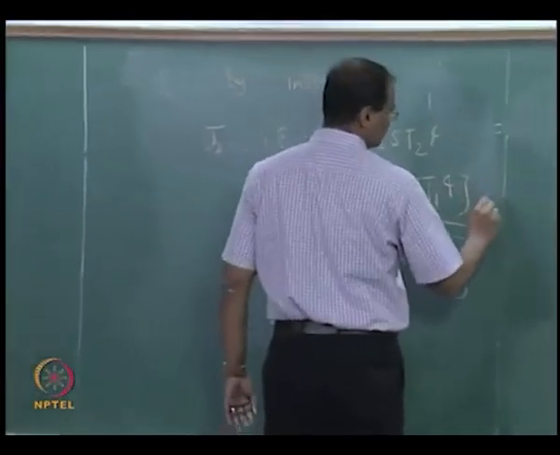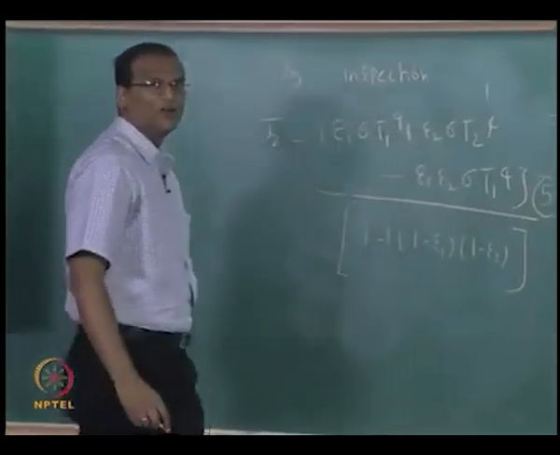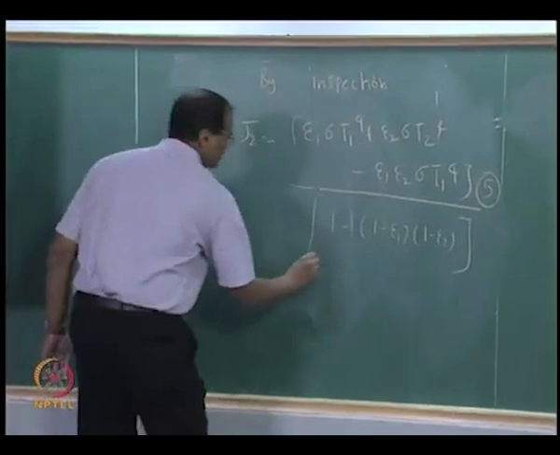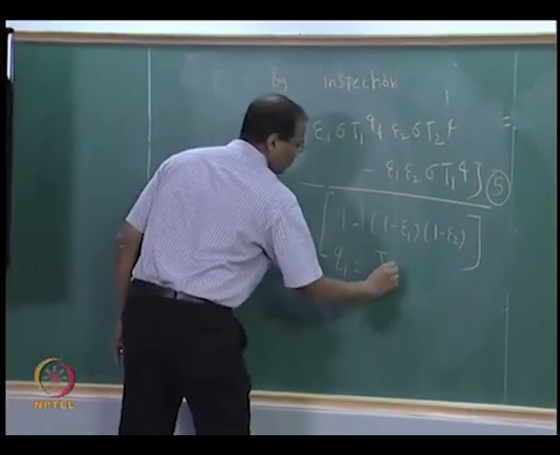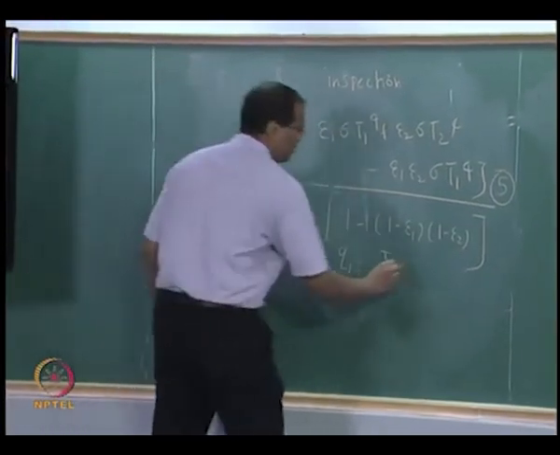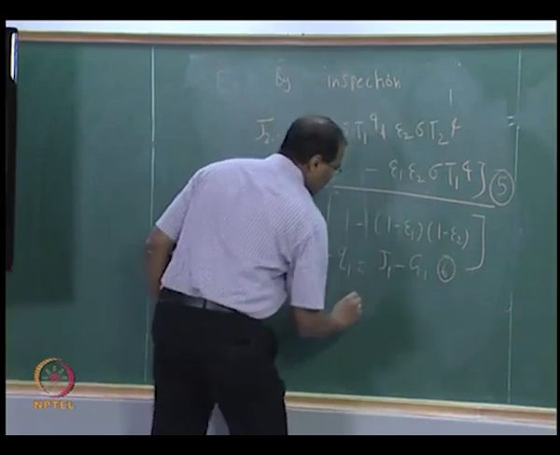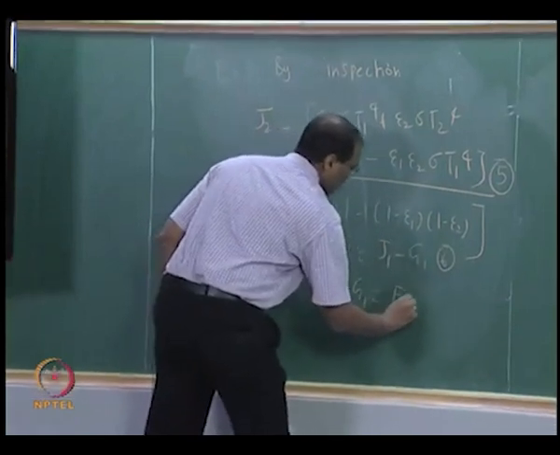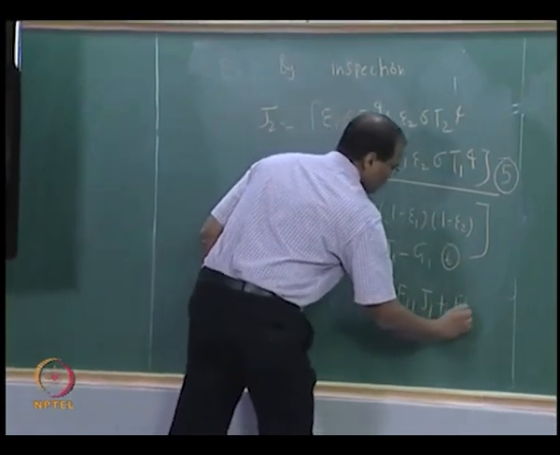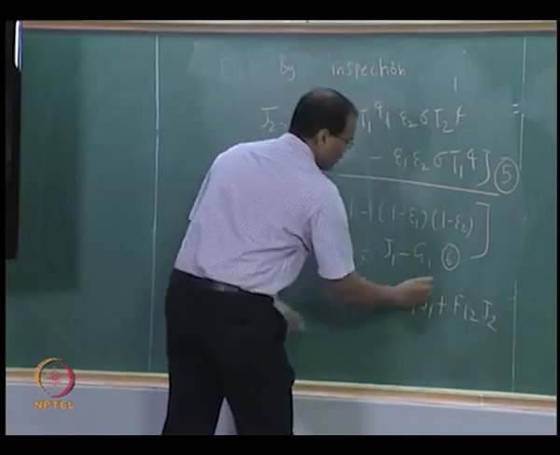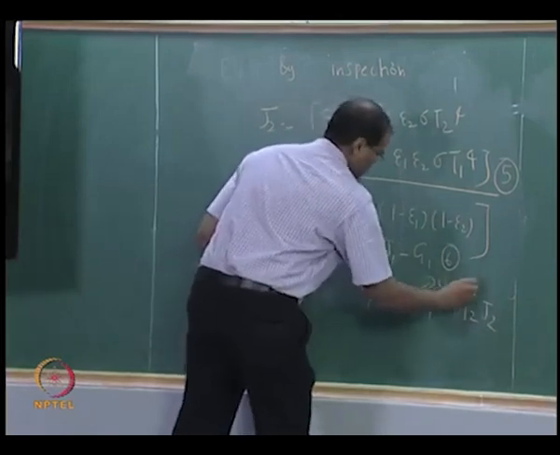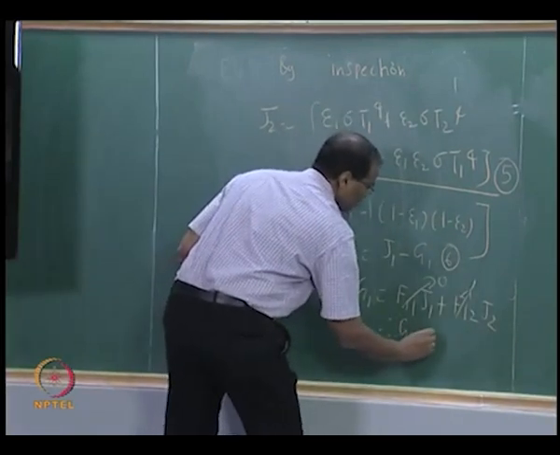What is Q1 after all? J1 minus G1, very good. But what is G1 itself? F11 is 0, F12 is 1, therefore G1 equal to J2.